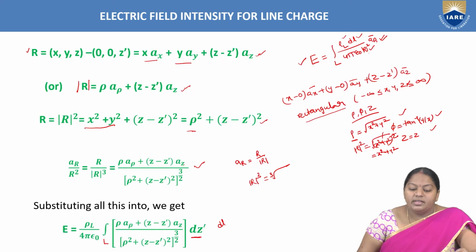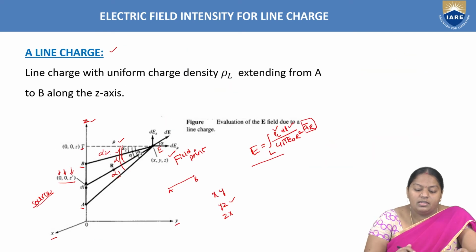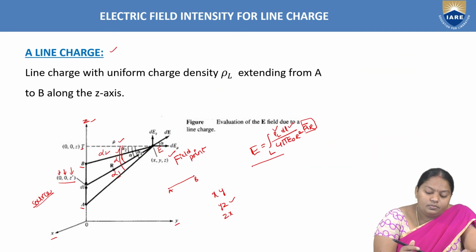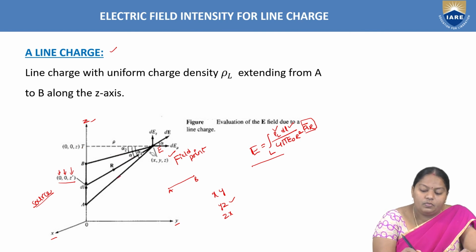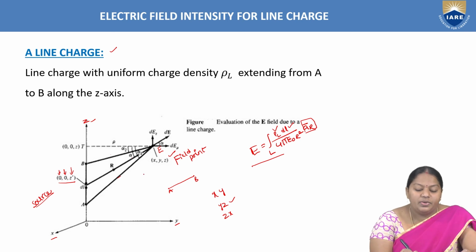So how do we find this? Consider this figure. R is the distance from the source point to the field point, and if you find the angle measured from the source point dL, that angle is alpha.